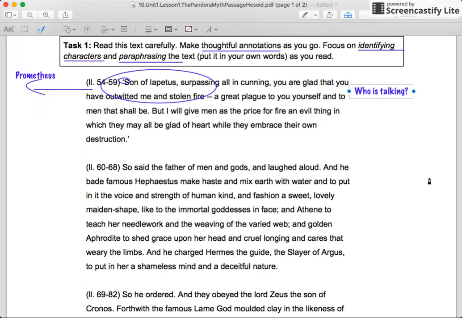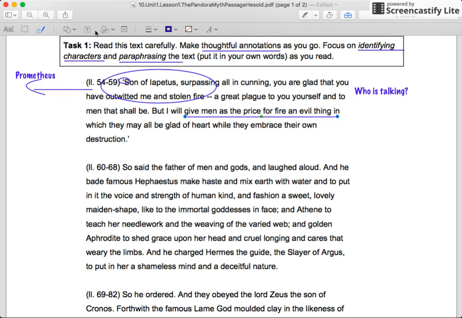A great plague to you yourself and to men that shall be. But I will give men as the price for fire an evil thing in which they may be glad of heart while they embrace their own destruction. So whoever is talking plans on giving men as the price for fire an evil thing.